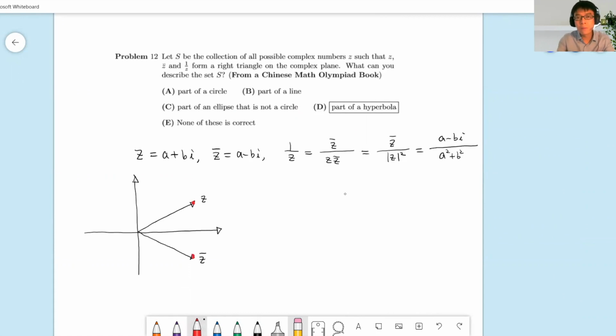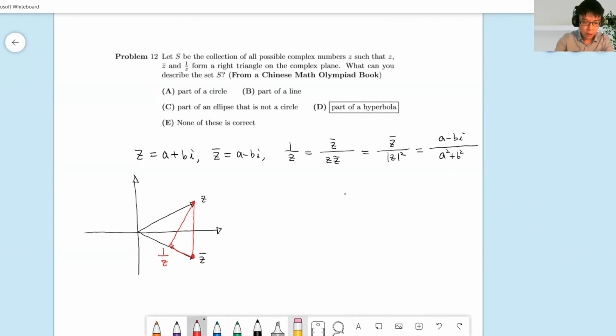In order to form a right triangle, note that 1 over z is parallel to z conjugate, so it lies on the line of z conjugate. This is the triangle, and here is 1 over z. From here, we can use this perpendicular relation to find the equation on z.